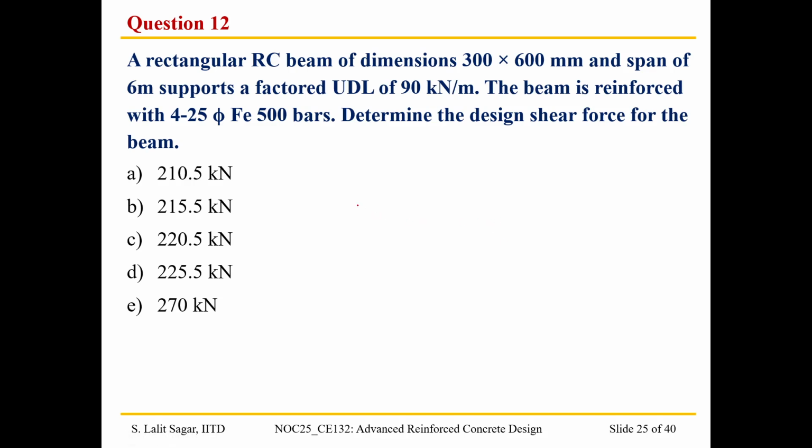So we have the beam here, and the center to center distance is 6 meters. There is a slight catch over here. Because it is subjected to UDL, the critical section will be at a distance of d from the support.